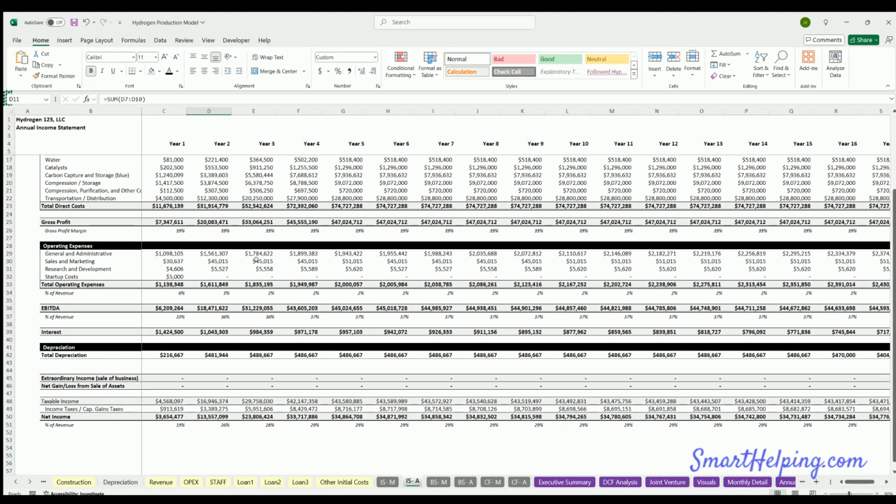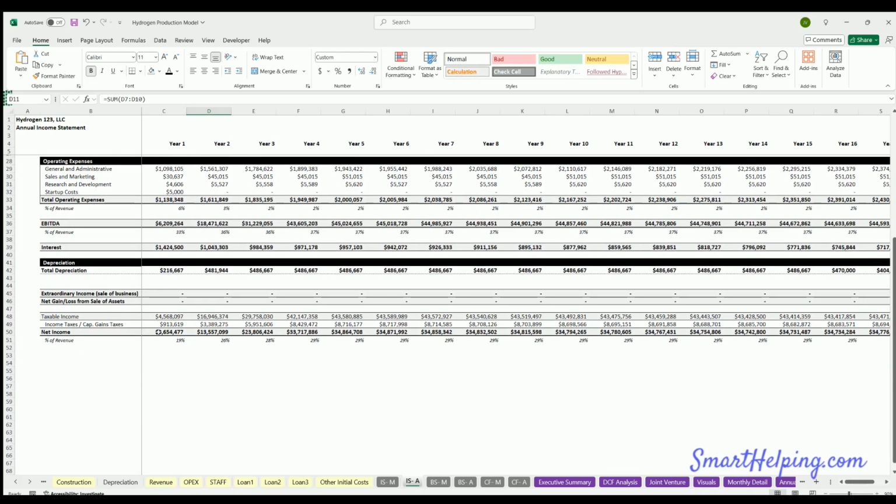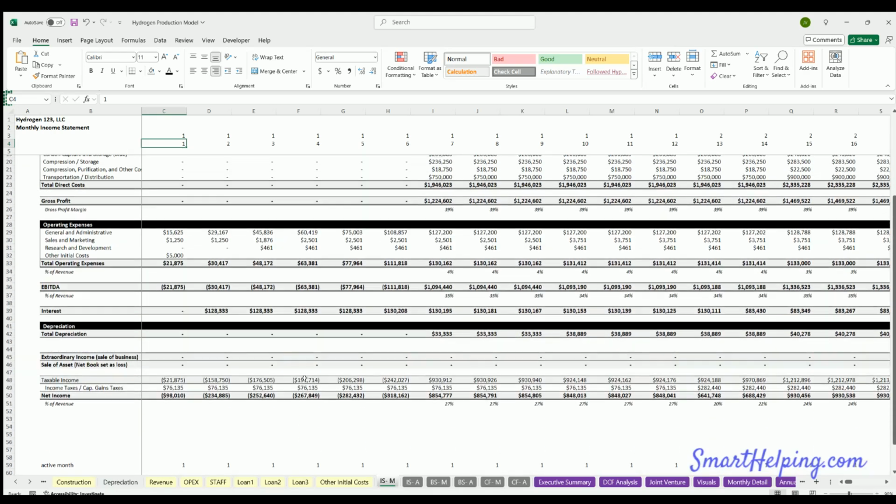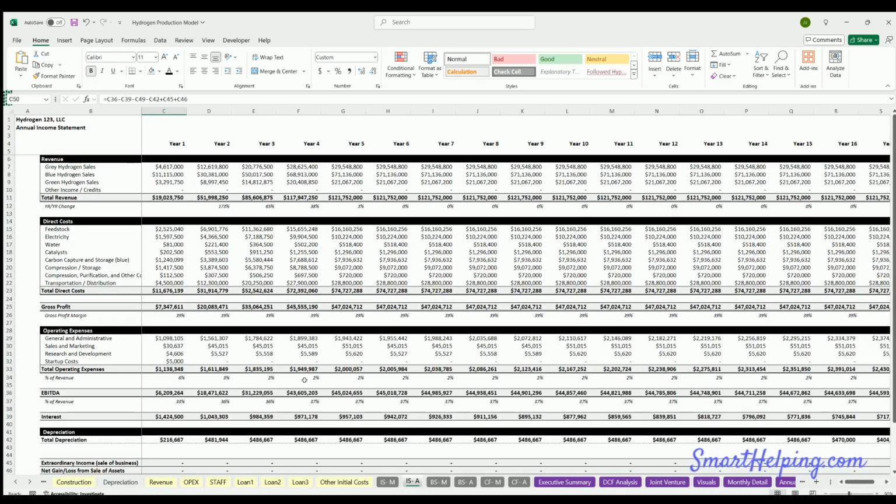Then we have our operating costs, EBITDA, interest, depreciation, taxable income, income tax, and net income per year. So the income statement, monthly and annual, is the same data, just on an annual view versus monthly.